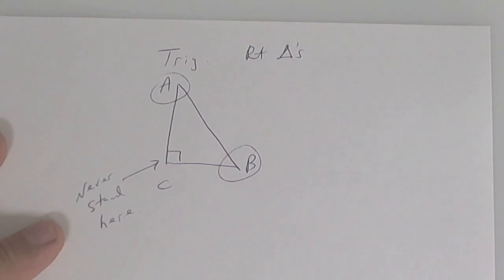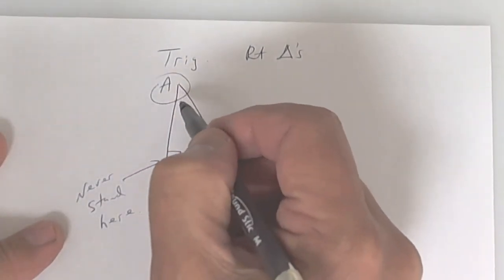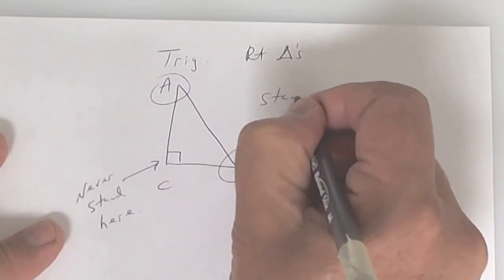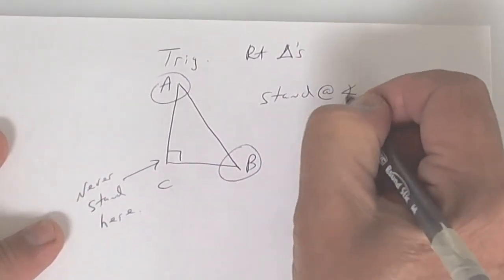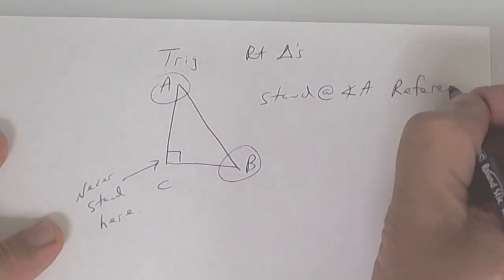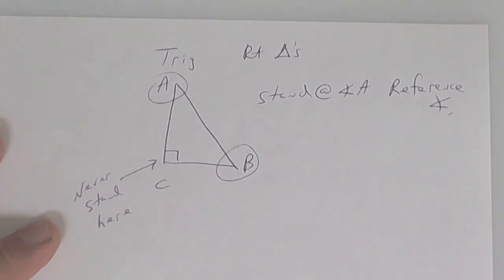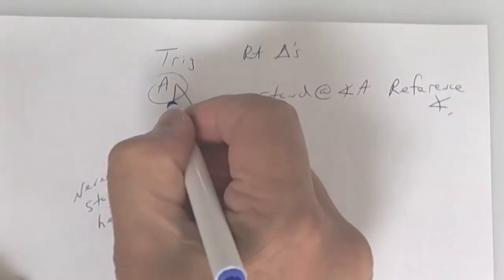So, if A is the reference angle, that means that's the one you're standing at. So we're going to stand at angle A, and we're going to say that one is the reference angle. Okay, so copy that down. So if we're standing at A, let's go ahead and put a little angle on this one.